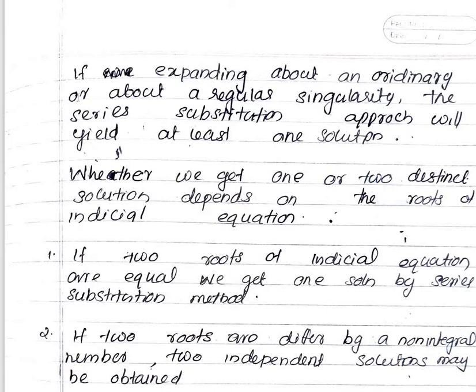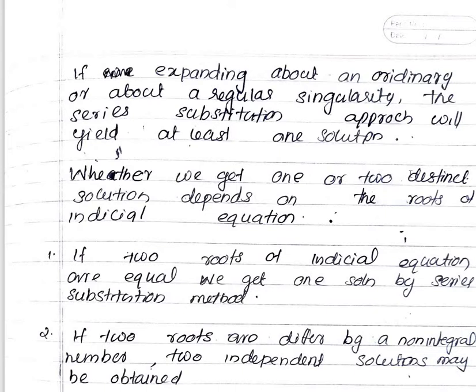Then let us come back to the conclusion of the series solution method or Frobenius method. If we expand about an ordinary point or about a regular singularity, the series solution method or Frobenius method will yield at least one solution.